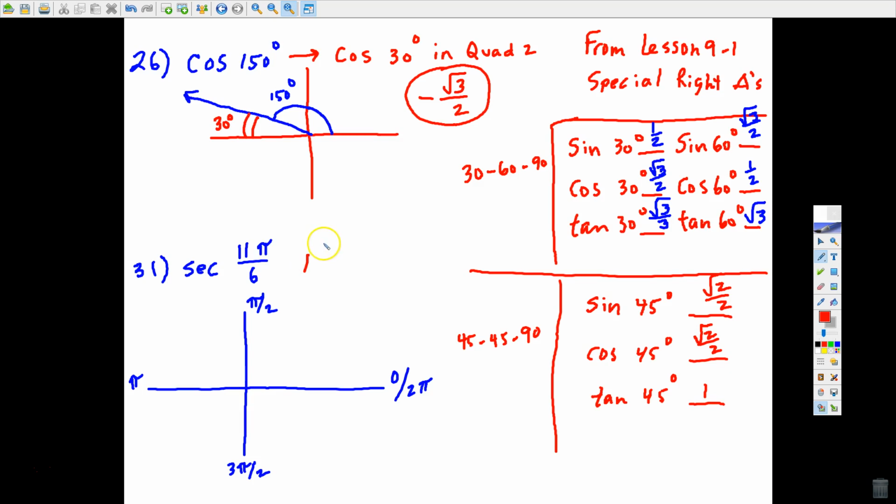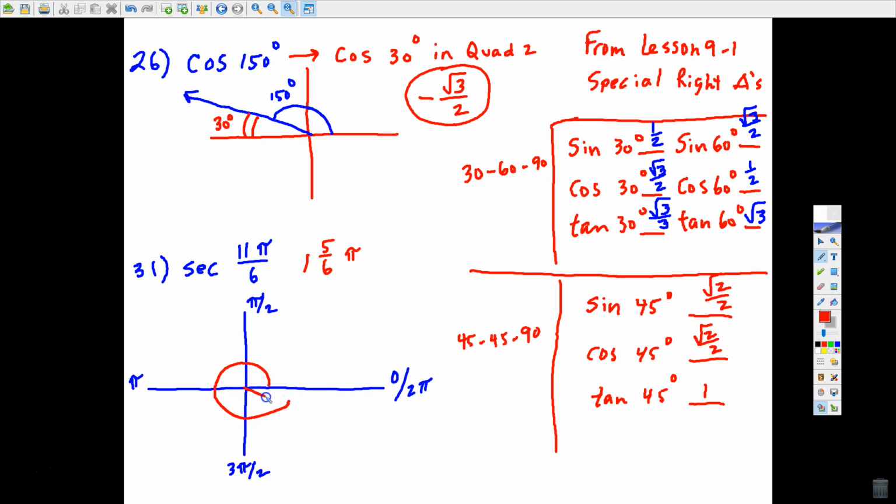It's 1 5/6 pi. So just think of it this way: if you travel halfway around in radians, then you've gone pi radians. You've almost made a complete circle, because remember, this is real close to 12 pi over 6, which would be 2 pi.